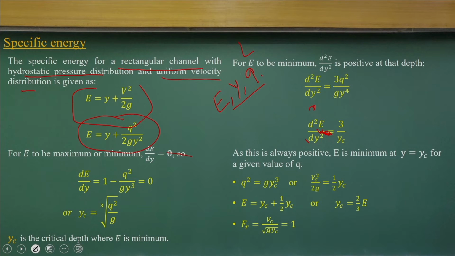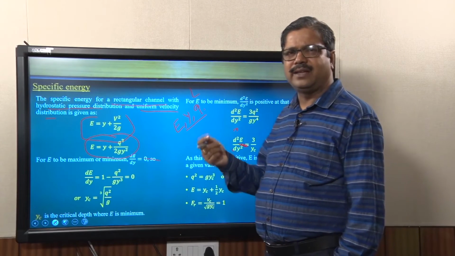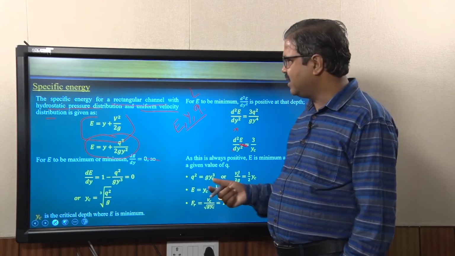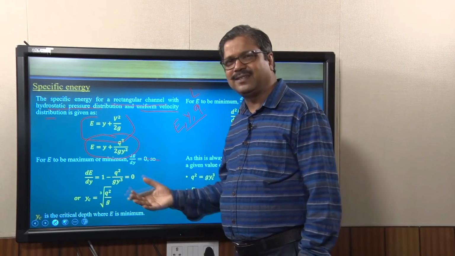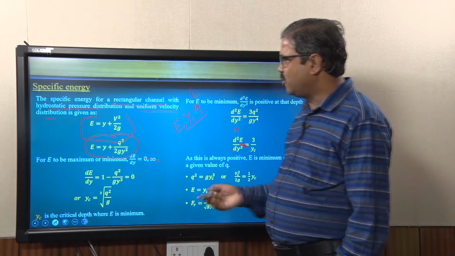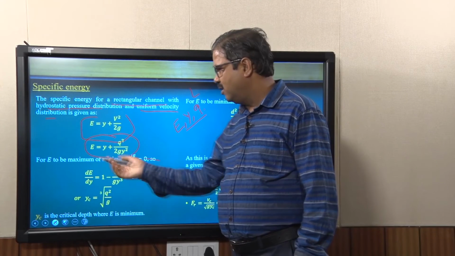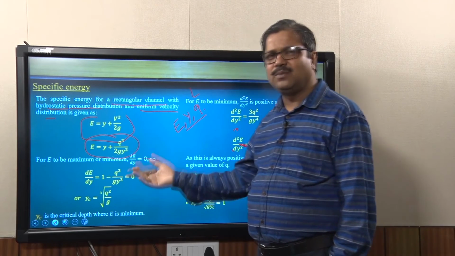If you look at this, it is very easy, because it is an equation in terms of y and Q, and Q is considered a constant here. With basic calculus knowledge, you can set dE by dy equal to 0, where the function will be maximum or minimum.